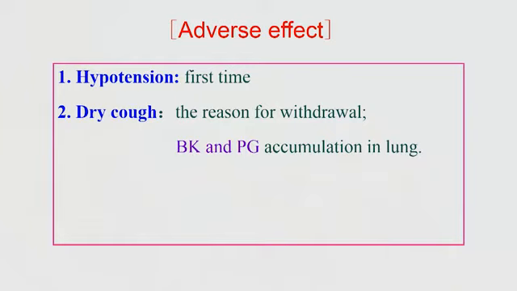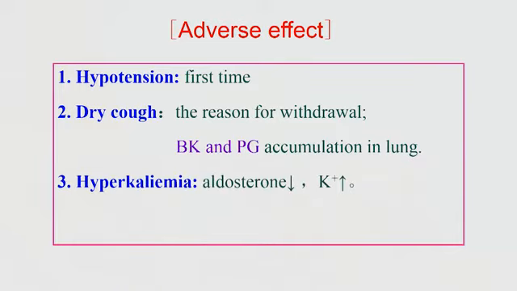For dry cough, we know allergic factors such as bradykinin and prostaglandins accumulate in the lung and induce the allergic disease, dry cough. And another adverse reaction, for example, hyperkalemia.